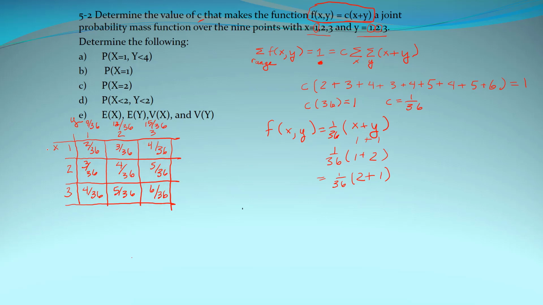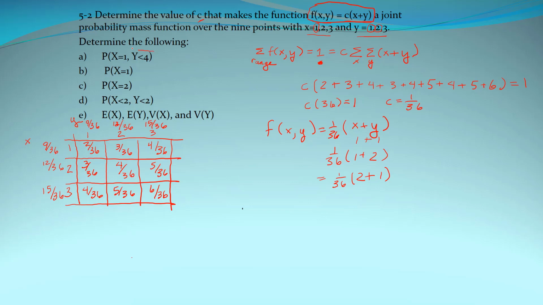And over here, counting up everything, 4 plus 3 plus 2 is 9 over 36 on this margin, and 12 over 36, and 15 over 36. Oh, these are so nicely symmetrical. I love it. Now that we've got this table, everything else in the whole problem is really easy.